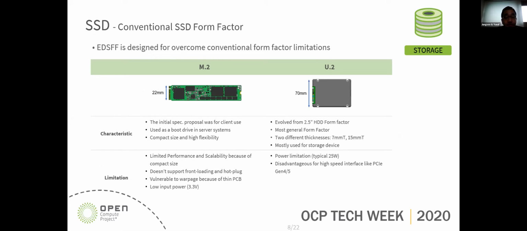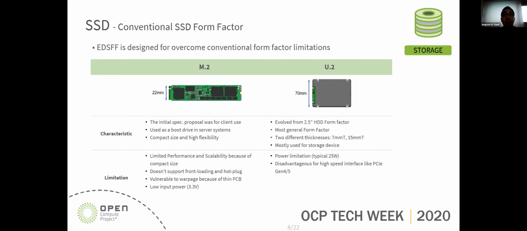So I think everybody is talking about the disadvantages of conventional SSD form factors. We also believe that EDSFF is a design to overcome conventional form factor limitations. The M.2 form factor was developed for client use and is mostly used for boot drives in data centers, and it has limited performance, power, and scalability, and doesn't support hot plug.